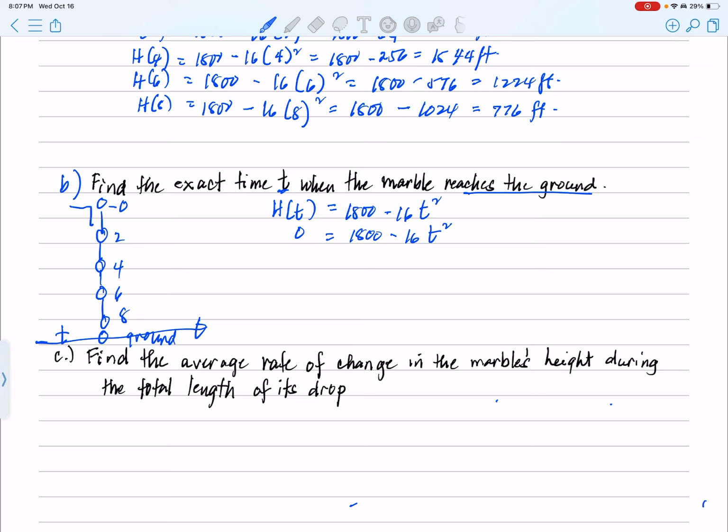Okay, transpose 16t squared to the left, that will become positive. t squared will be 1,800 over 16. So t squared is 1,800 divided by 16, that's 112.5.